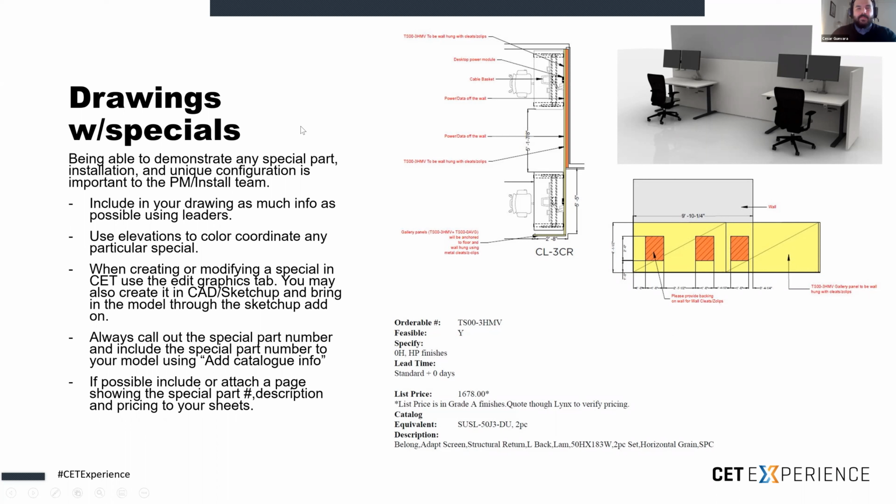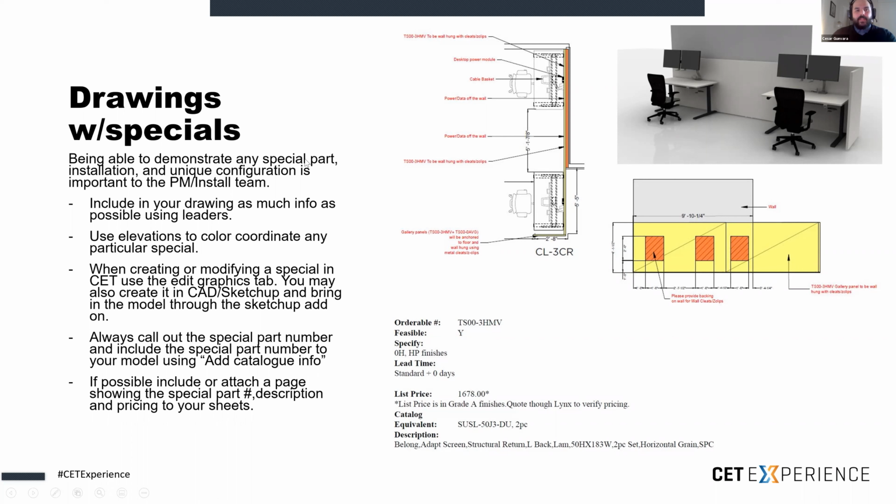And between the two ways of either importing it as a DWG or SketchUp, I usually stick with SketchUp. At least for me, it ends up saving more time, and also I'm able to manipulate it much more easily. I know in AutoCAD, when you bring it in to CET, it sort of ends up looking like a background. So it takes up a lot of the memory, I guess, and it bogs it down.